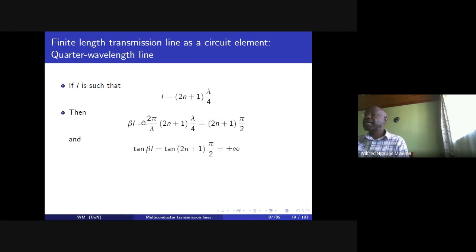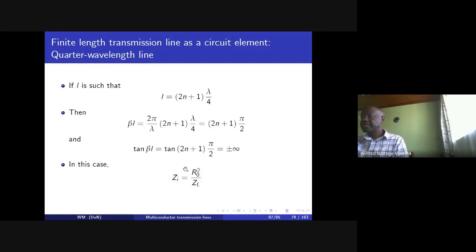You can see that beta L is just going to be given by 2n plus 1, an odd multiple of pi by 2, and tan beta L will therefore be plus or minus infinity, because we know that the tangent of 90 degrees is infinite. Since this can be 270 or 90 degrees and so forth, we can always get plus or minus infinity.